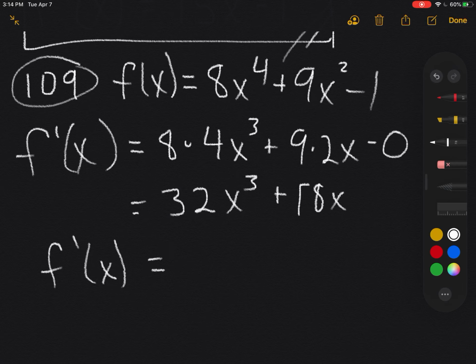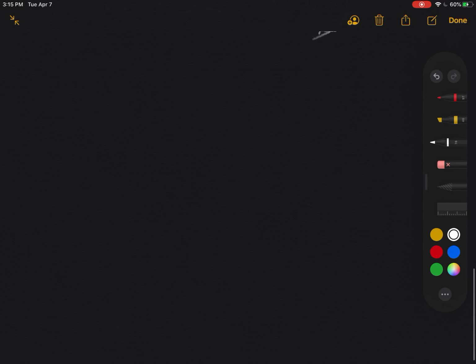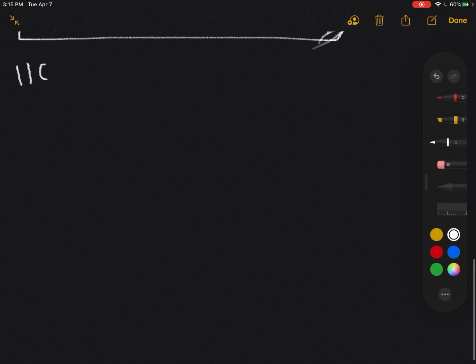That'll be 32x cubed plus 18x. So f prime of x for 109 is 32x cubed plus 18x. And that's our final answer.